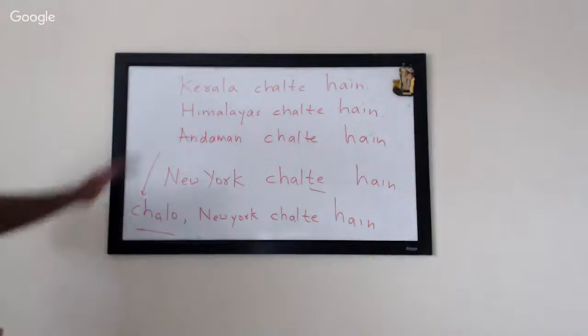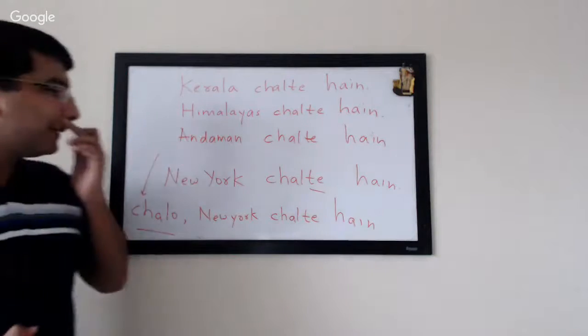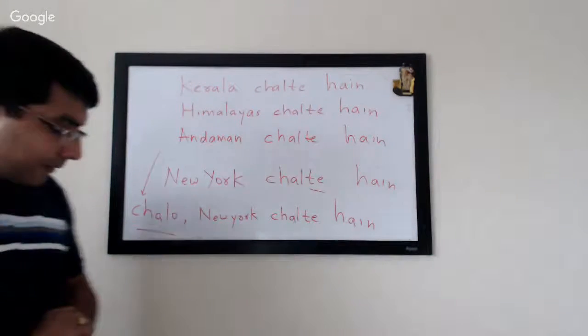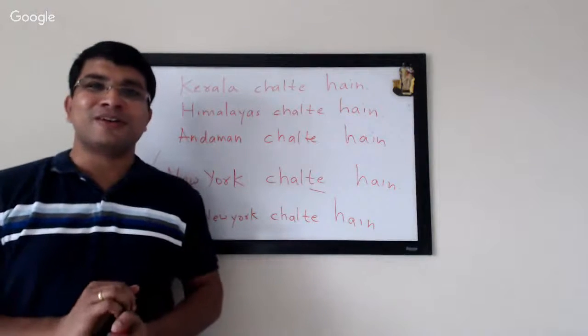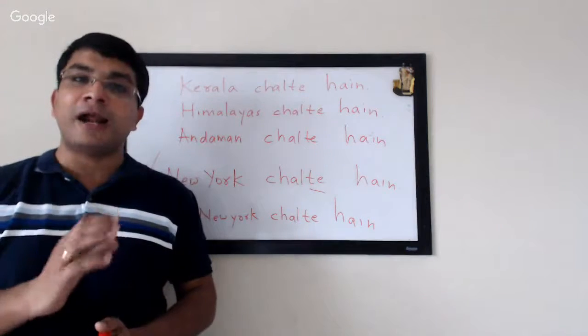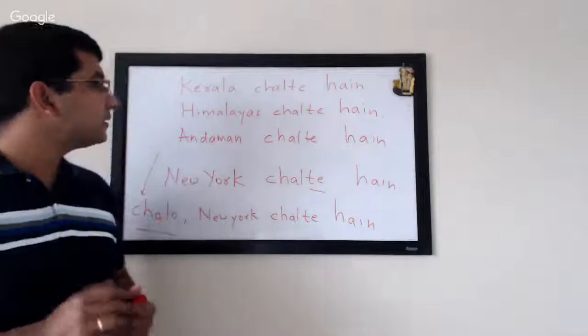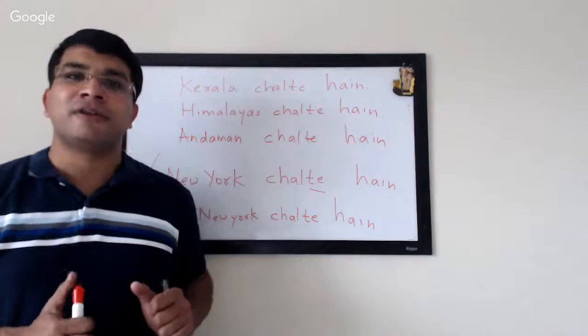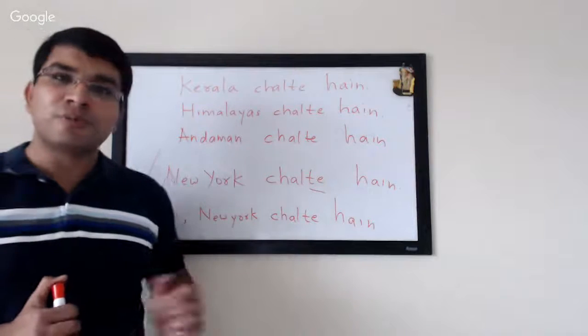So just remember the structure, and pretty much you can replicate it across any particular city you want to make the sentence with. Similar to last time, we are adding a new structure in the class where I'll be asking you to write down a short paragraph about the trip that you plan to make.